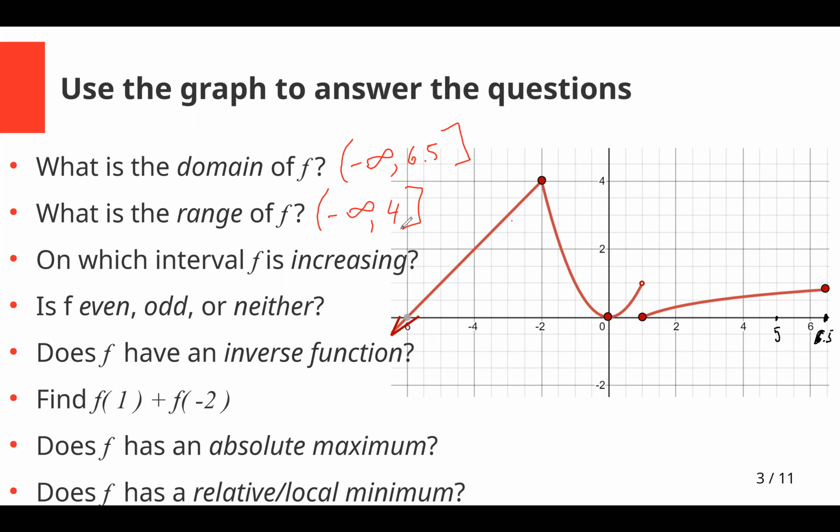Okay, now on which interval is the function increasing? Here it is increasing, right? So here it is going up, it is increasing. Here it's decreasing. Here, again, it's increasing. And here it is increasing, right? Now, remember how we did the intervals for increase, decrease?